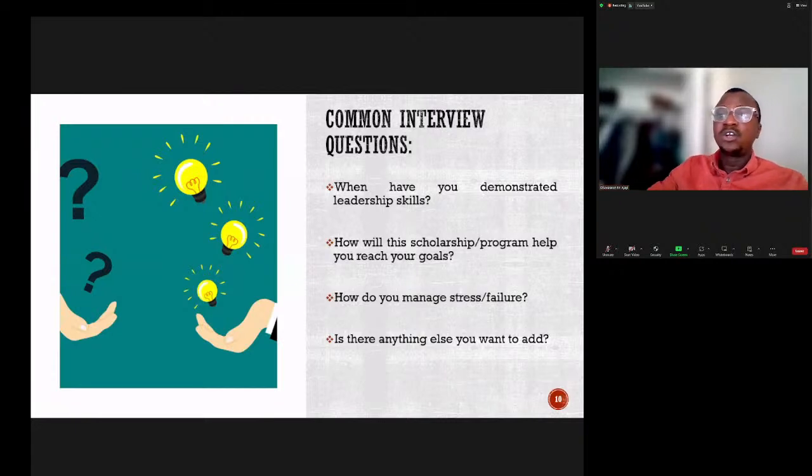I told you the other time that when you are going for a scholarship interview, don't just go there with the mindset that they're going to be asking you questions alone. You also want to ask them questions, and this is where it is important. Sometimes you want to ask them about their mentorship style. How do they support students for conferences and workshops? How does their funding work?